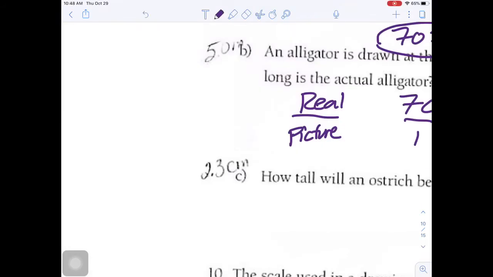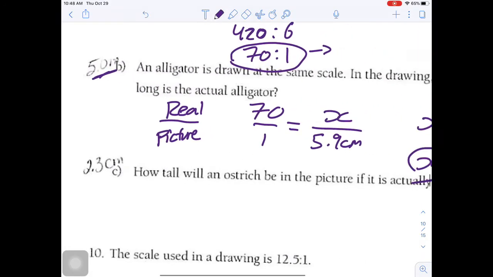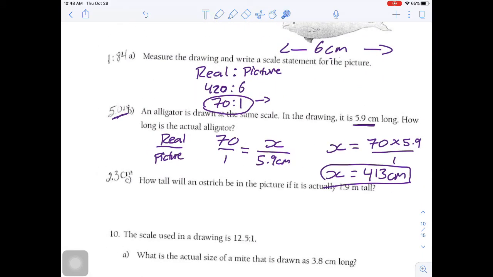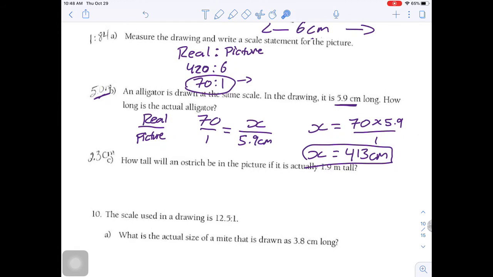My answer here is a little different compared to this, mainly because, again, I used a different ratio here because my estimate was a little off, which is okay. So here we can see that if my picture is 5.9 centimeters and I use this scale, then I get 413. So remember, if you want to put the real numbers on top, you always have to keep that consistent.